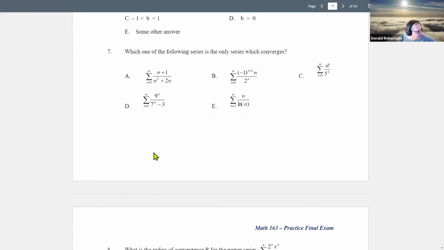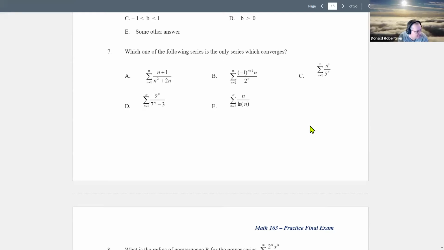For instance, question 7 is just a standard. Which one will work? Right? So which of these is the only one that converges? And you could tell just by looking. Any guesses?